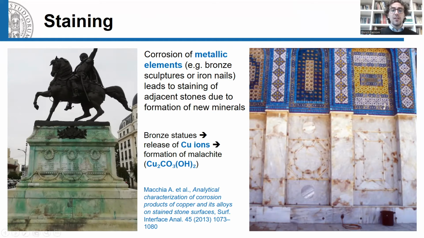For instance, here on the left, in the case of bronze sculptures that are present on top of marble pedestals, rain causes leaching of copper ions that then are transported onto the stone surface, where they can react with carbonate ions deriving from the stone itself, thus leading, for instance, to malachite, which is a basic copper carbonate with a typical green color, and which has a very low solubility, so it's also very hard to remove.